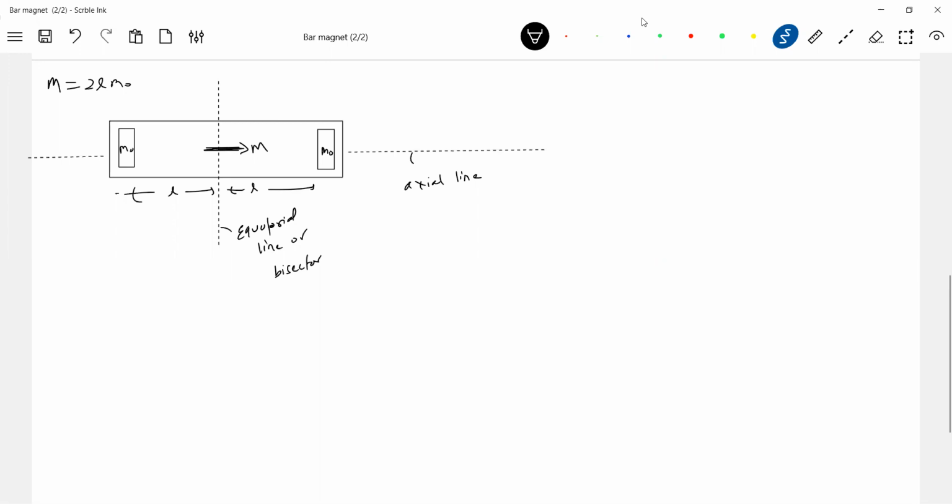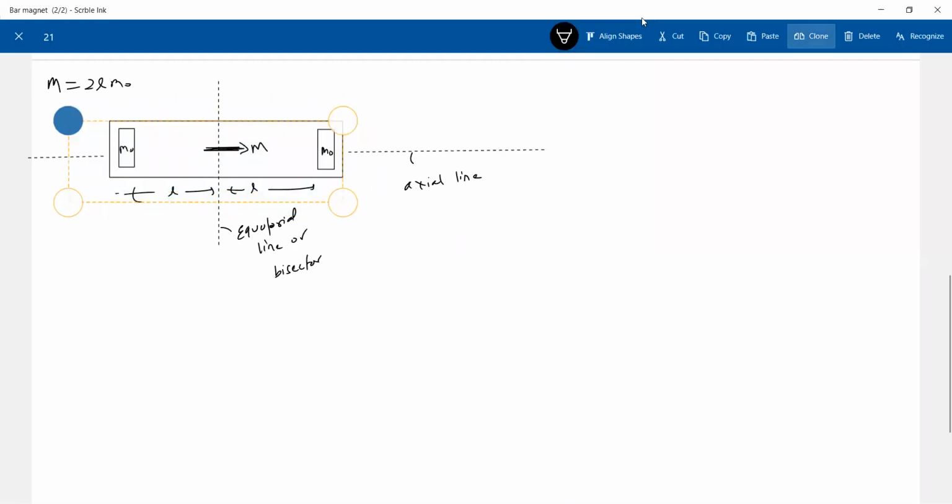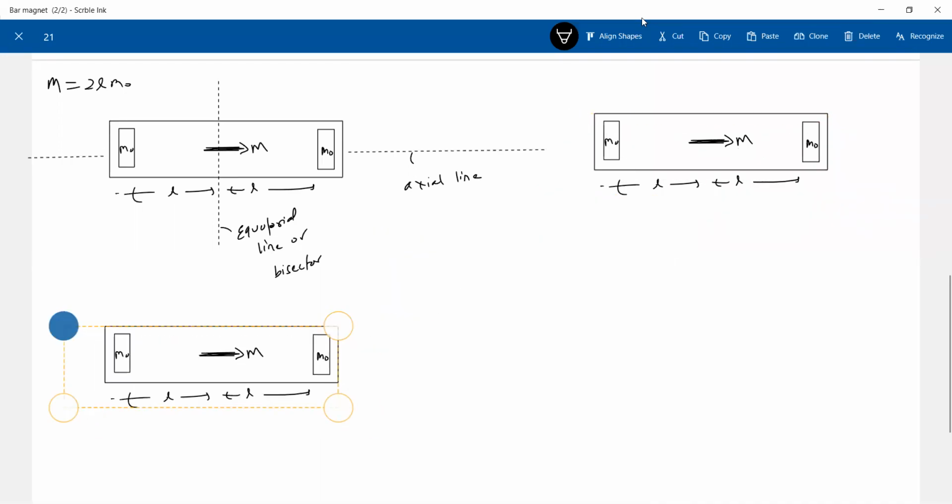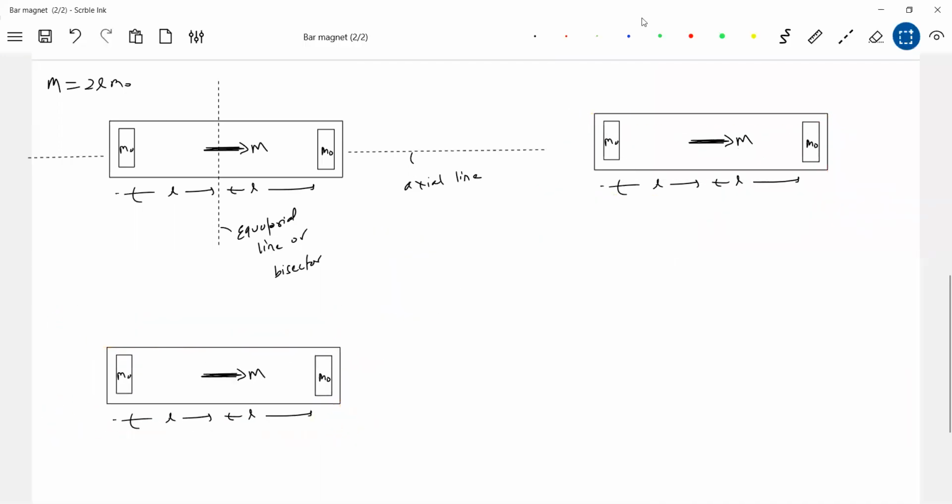Now I'm going to cut this bar magnet into two parts. I'll break this into two equal parts. So I'll break it in this way.